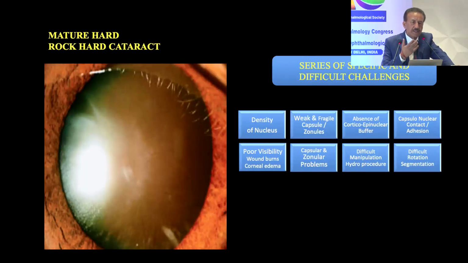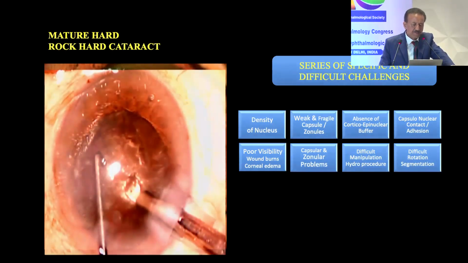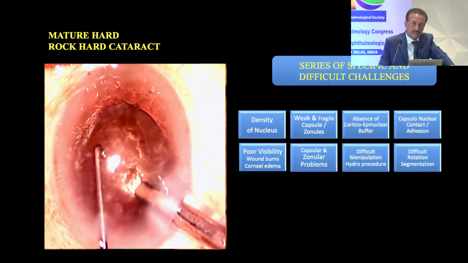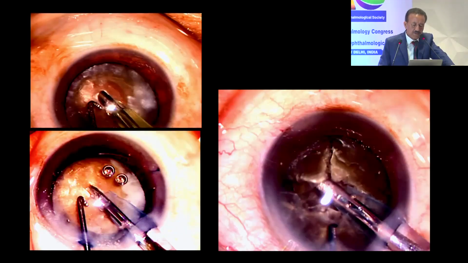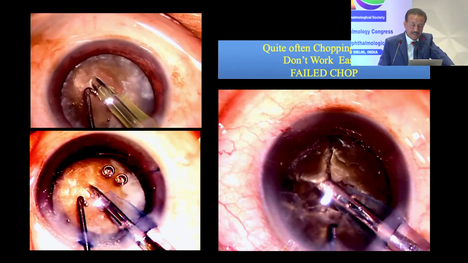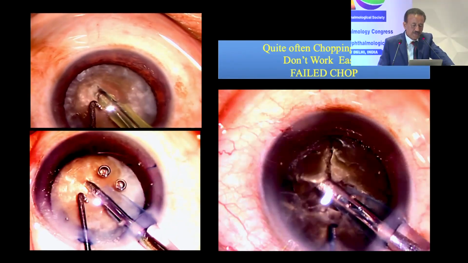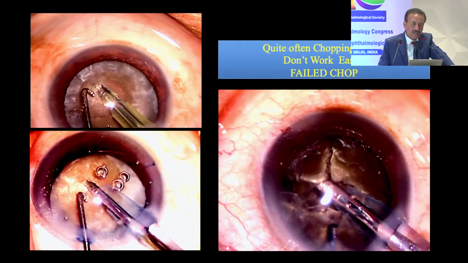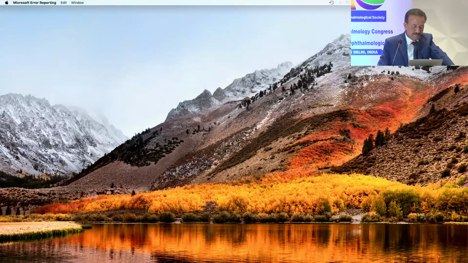The nucleus generally sits directly on the very fragile capsule, and then the chopping becomes very difficult. We use many techniques to deal with these hard cataracts, but quite often when we try to chop them, we don't get the crack in these lenses. And when you don't get the crack, then you are left with the undivided nucleus.